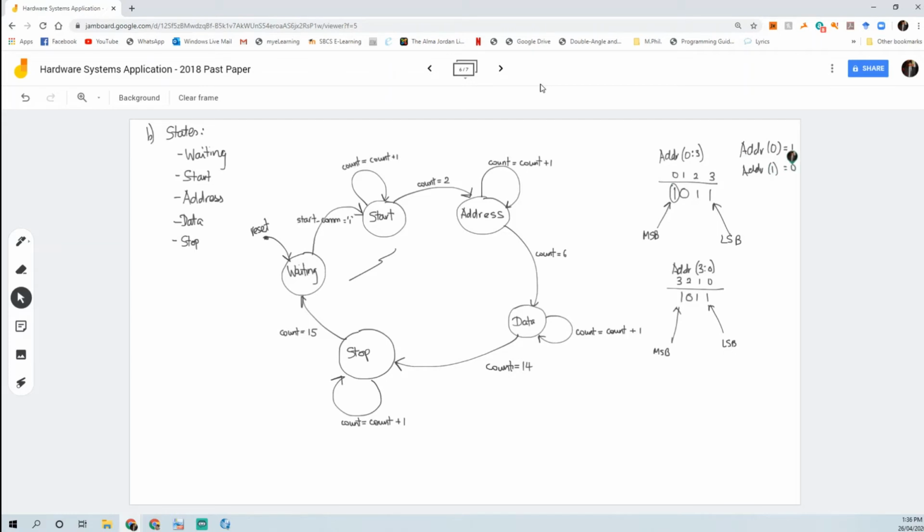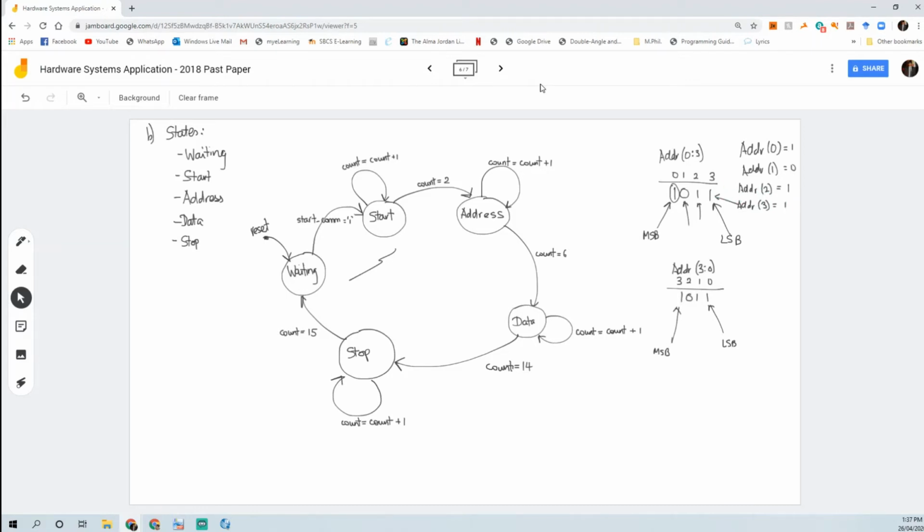Address 1 refers to this bit here, because this is how we index that vector. Address 2 refers to this bit here, and address 3 refers to our least significant bit here.